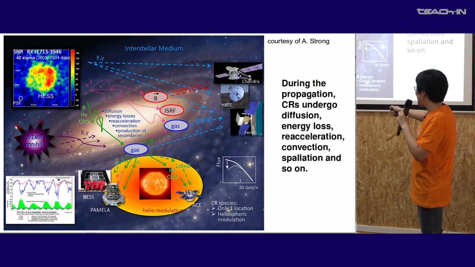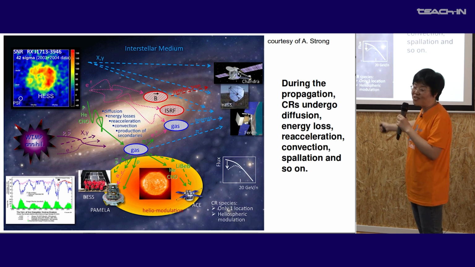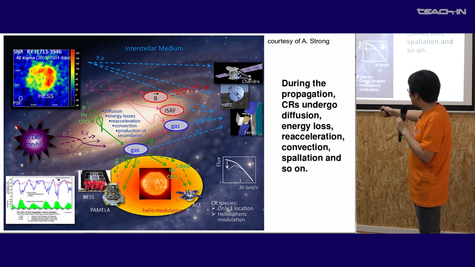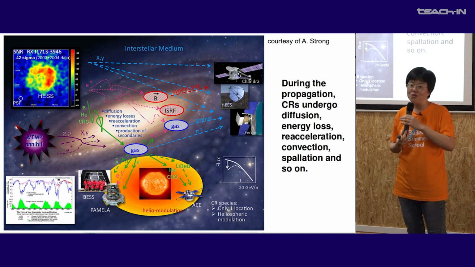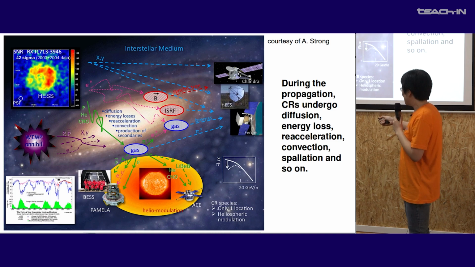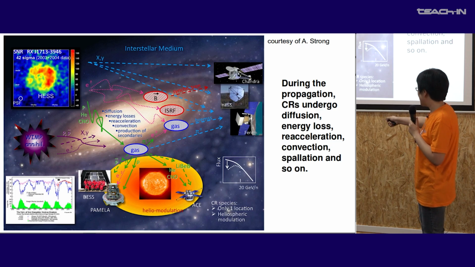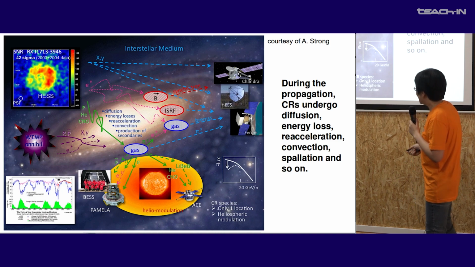Those neutrinos with higher energy, and also gamma rays. Those signals will be detected when they arrive at Earth. So we have all kinds of equipment: PAMELA, ACE, Fermi, Chandra, and on the ground we have IceCube.